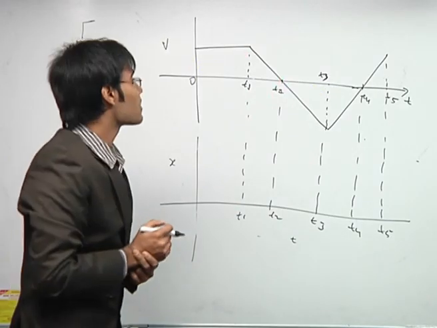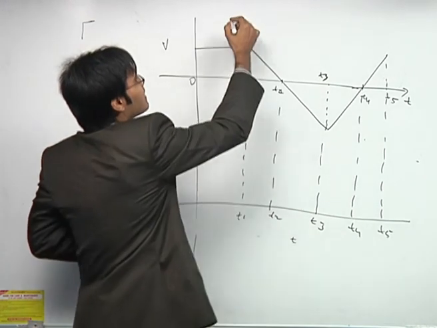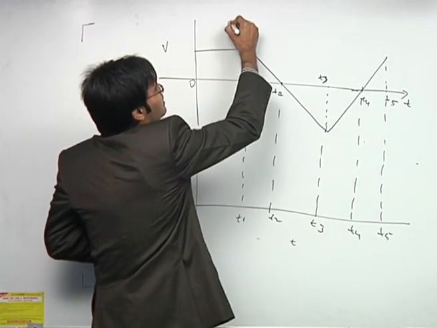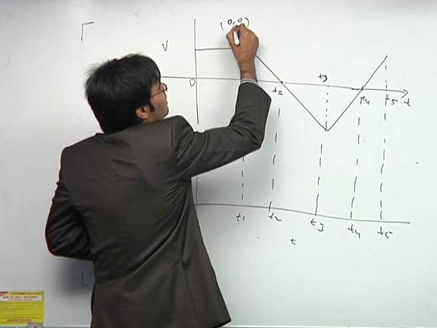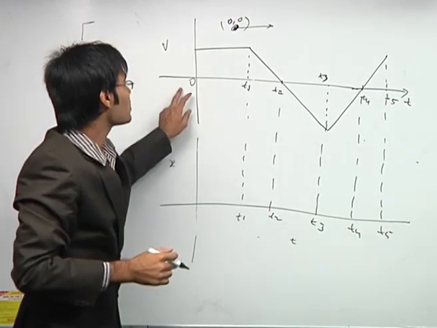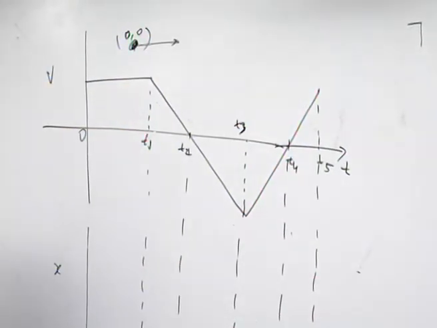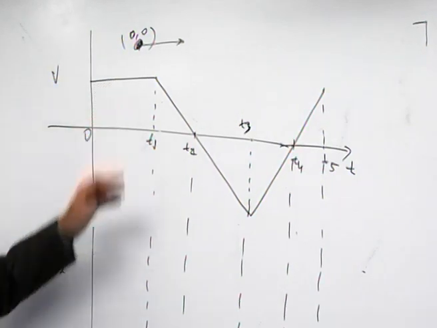This is one interpretation. Other thing is, in terms of displacement versus time, let's say my body is starting from this origin, okay, and it is moving in this direction as the velocity is positive. So for 0 to t1, it is covering some displacement in the positive direction, since the velocity is positive, okay.